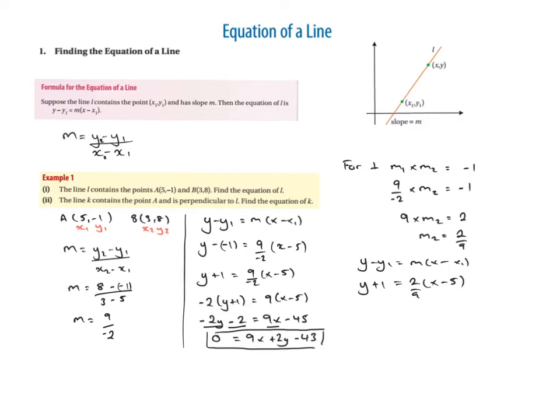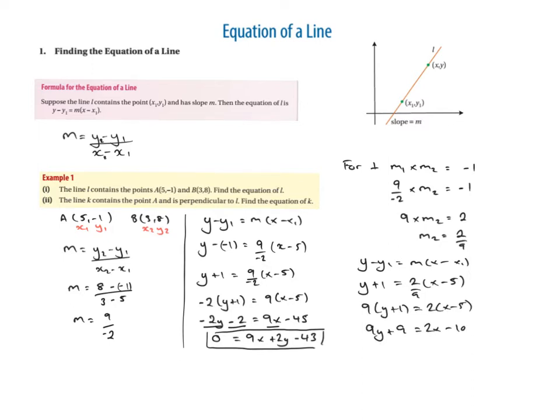Those values there come from here and here. Remember, y minus minus 1 gives us plus 1. Again, I'm going to multiply by the fraction just to make life a bit easier. So I get 9 times y plus 1 is equal to 2 times x minus 5. And from there, 9y plus 9 is equal to 2x minus 10.